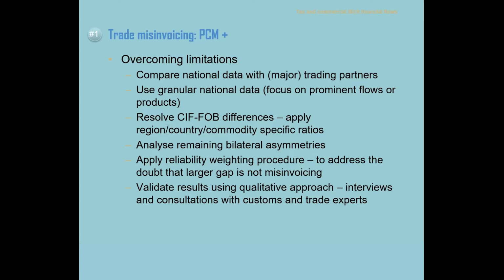The next point is applying reliability weighting procedure. In some cases where gaps in mirror trade statistics are very high or very substantial, these may raise some doubts about whether those are really a result of trade asymmetry or of illicit financial flows, or maybe they are a result of an error or something. There could be an additional zero typed in the data or something.